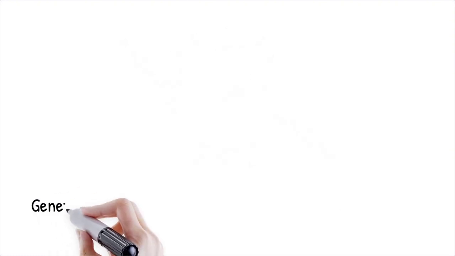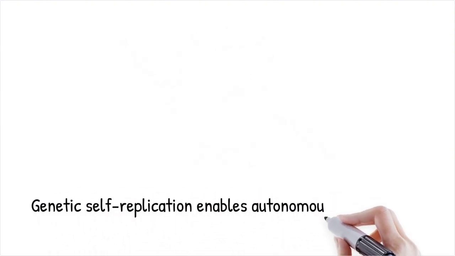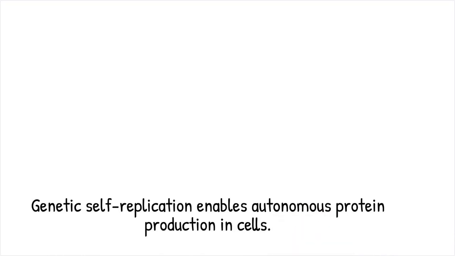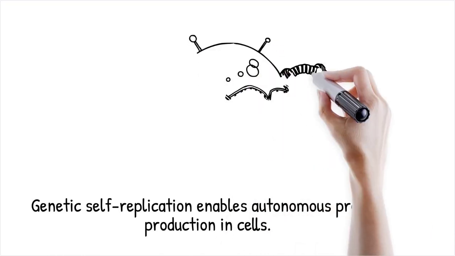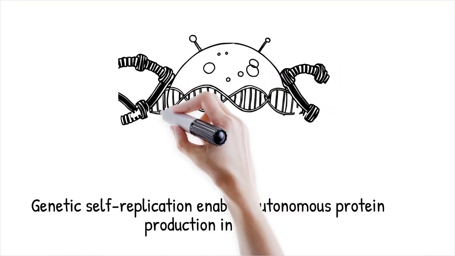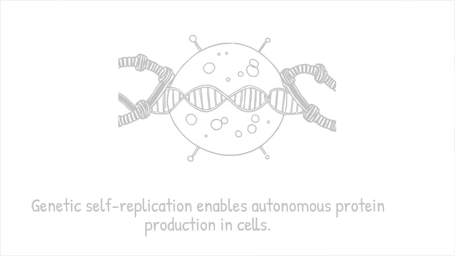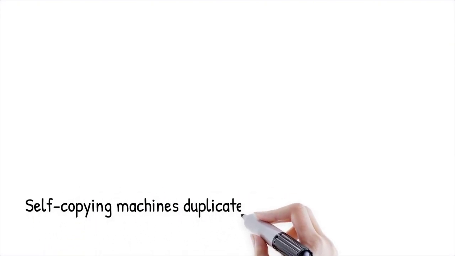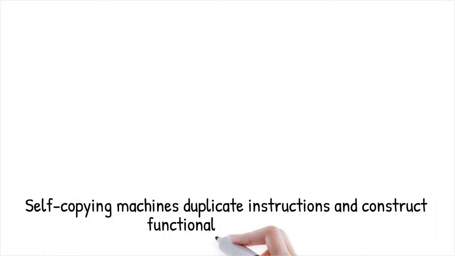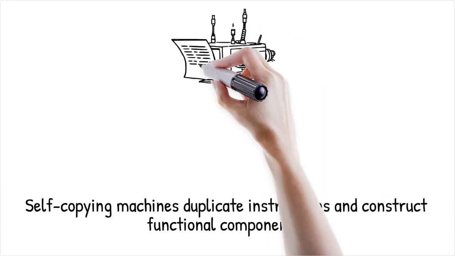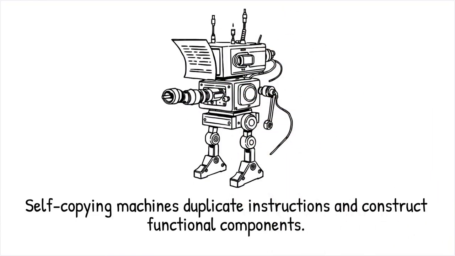The integration of genetic self-replication mechanisms represents a key step toward artificial life capable of evolution and adaptation. Artificial cells have been designed to transcribe and translate simple genetic circuits, enabling the autonomous production of functional proteins. This is akin to a self-copying machine that not only duplicates instructions, but also constructs functional components based on them.